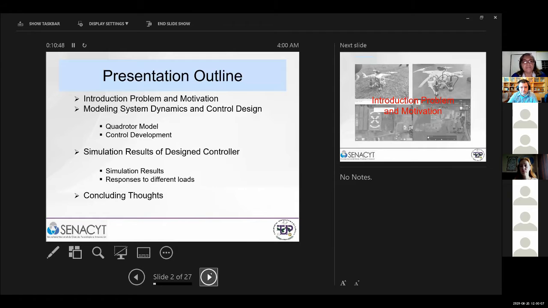Modeling of the system dynamics and control design is presented to develop the quadrotor model and design the control for this quadrotor. Some simulation results of the designed controller are presented, including simulations with different load responses. And finally, some concluding thoughts.